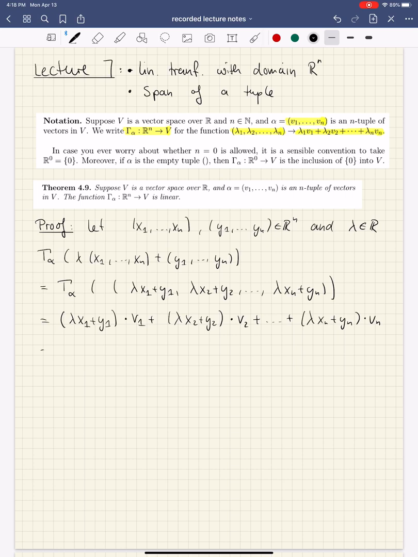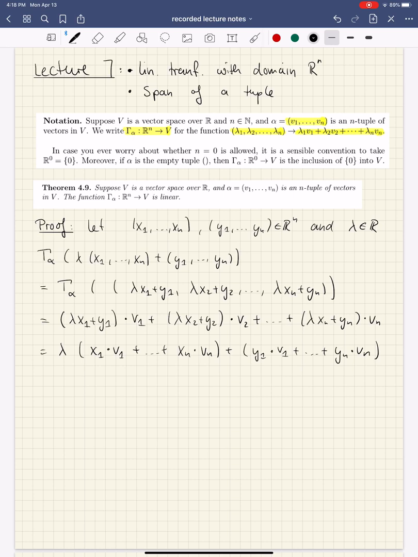And now I can regroup, so this becomes lambda times x1 scalar multiplication with v1 all the way up to xn scalar multiplication vn. So this takes care of all the terms that include a lambda, and then we get y1 scalar multiple v1 plus all the way up to yn vn.